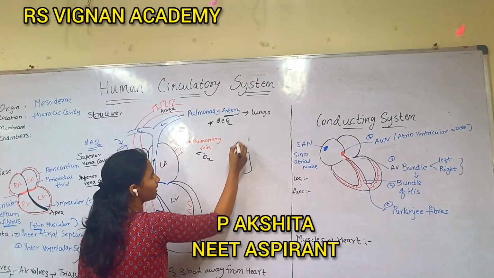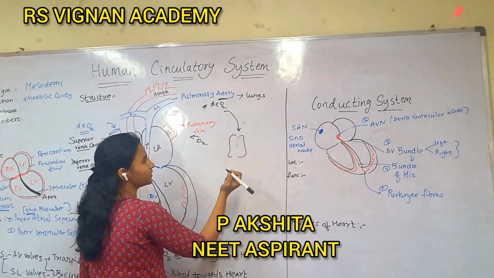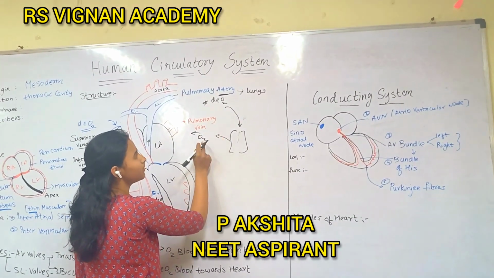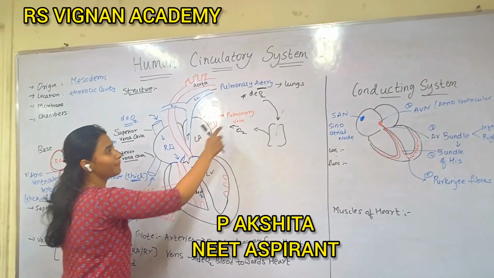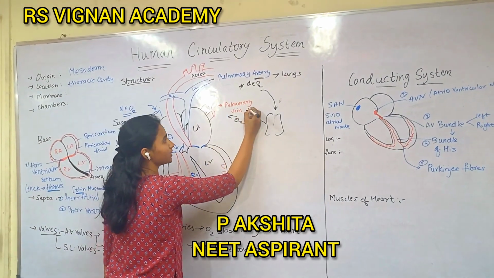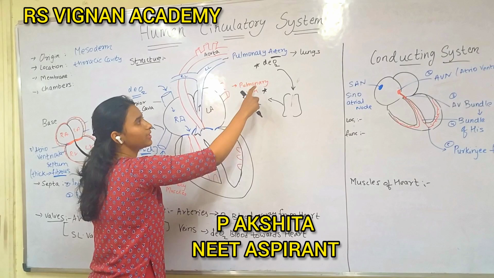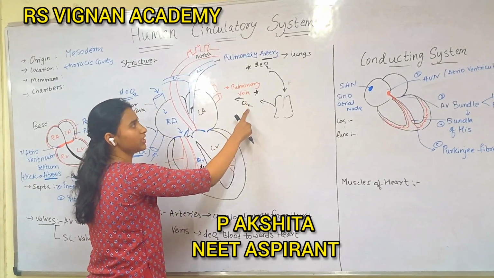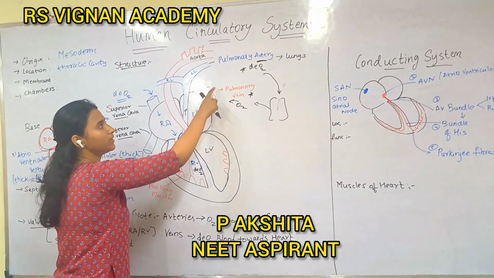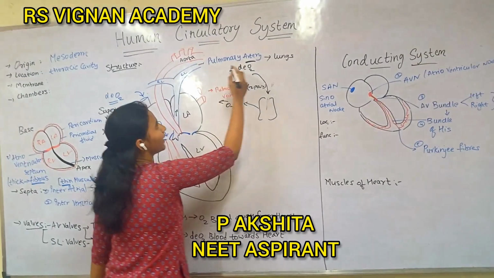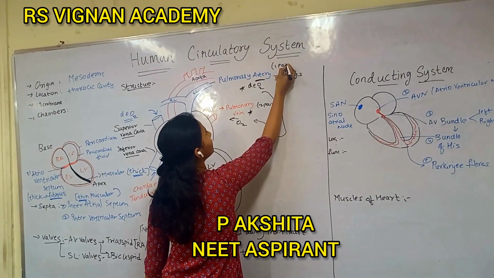Now deoxygenated blood is going into these lungs, and from these lungs, through the pulmonary vein, oxygenated blood is coming. So the pulmonary vein is another exception, because I have said veins will carry deoxygenated blood, but here the pulmonary vein will carry oxygenated blood towards the heart. So these are two pairs of pulmonary veins and this is one pair of pulmonary artery.